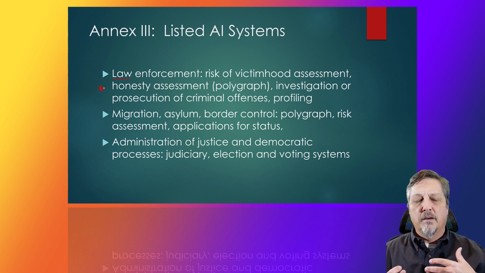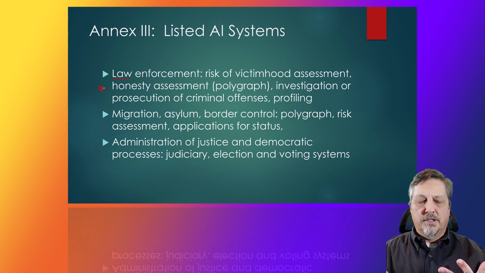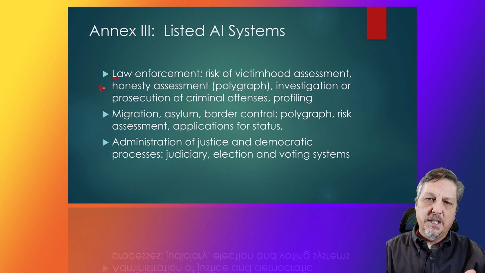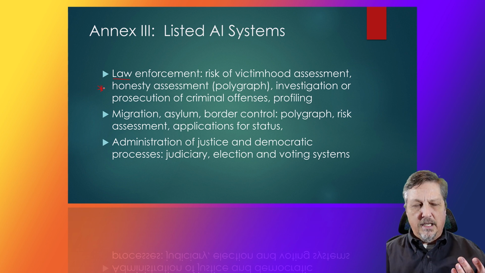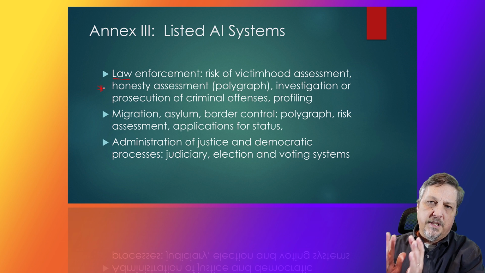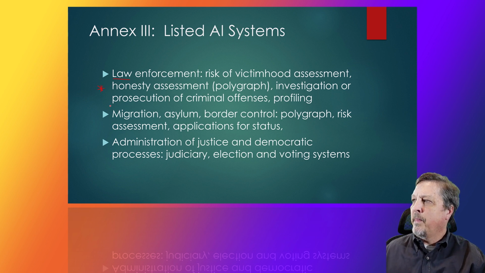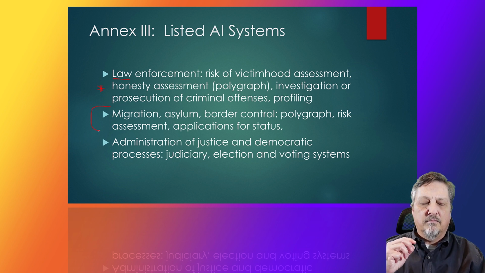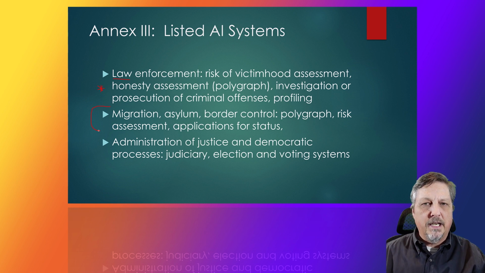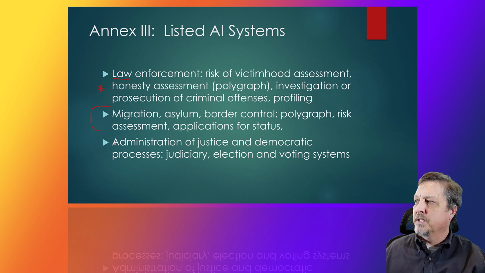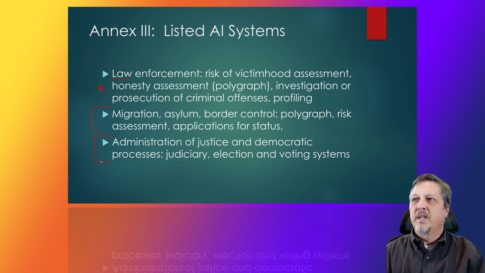So, of course, there are quasi-constitutional or treaty-based human rights provisions in the EU broadly and in the member states that would cover this as well, but we see the EU AI Act bringing this AI context into the Act. Assessment and polygraph type things, application procedures in migration or asylum, and then in the administration of justice, judicial process, and the like.